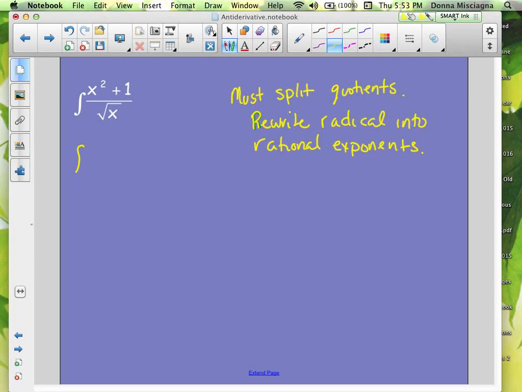So now this would be the integral of x squared plus 1. Oh, I don't know what happened to the dx there. It got lost. Divided by x to the 1/2 dx. Right, so we would have the integral of x squared divided by x to the 1/2 dx plus the integral of 1 over x to the 1/2 dx.